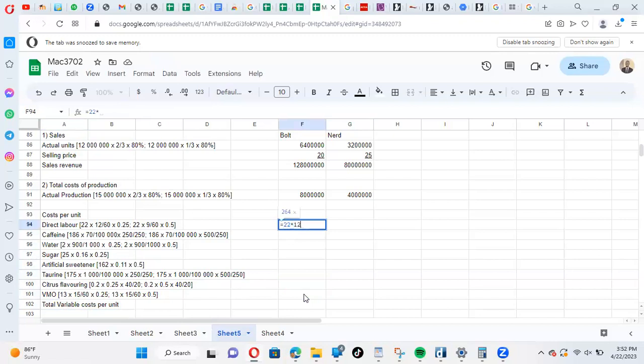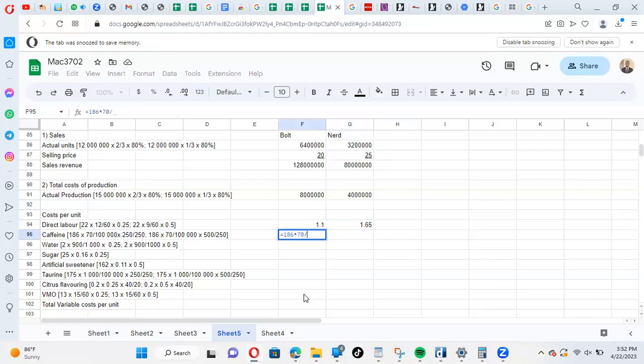22 times 12 divided by 60 times 0.25, 1.1. 22 times 9 over 60 times 0.5. Right, I think it's correct. Okay, 186 times 70 divided by 100, 123. We get that there.